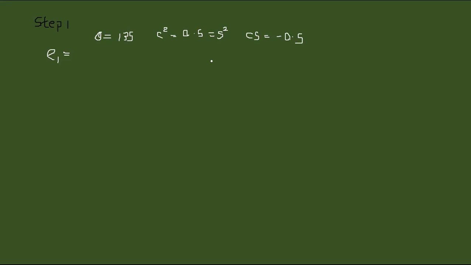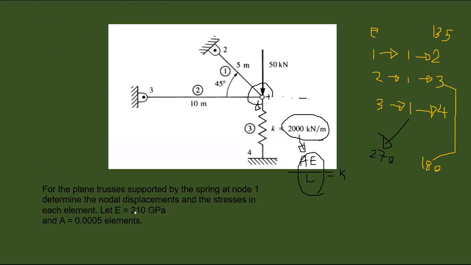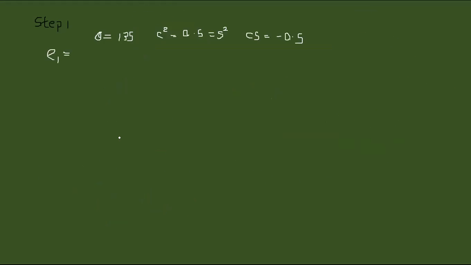AE is given, so you can calculate this one. This is K E. E is in gigapascal, so that means 10 to the power minus 9. E A, how much is A?